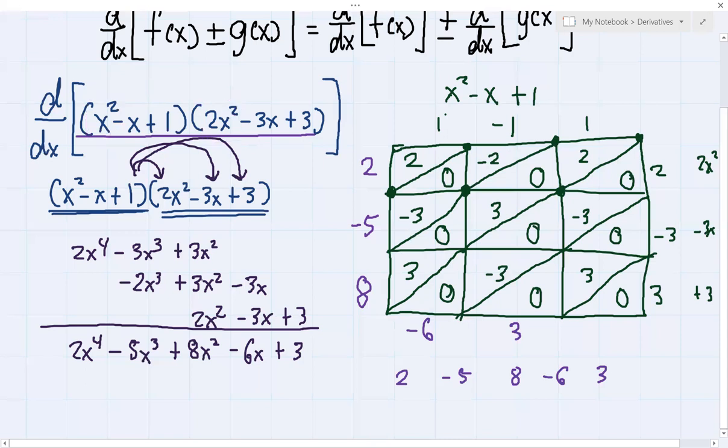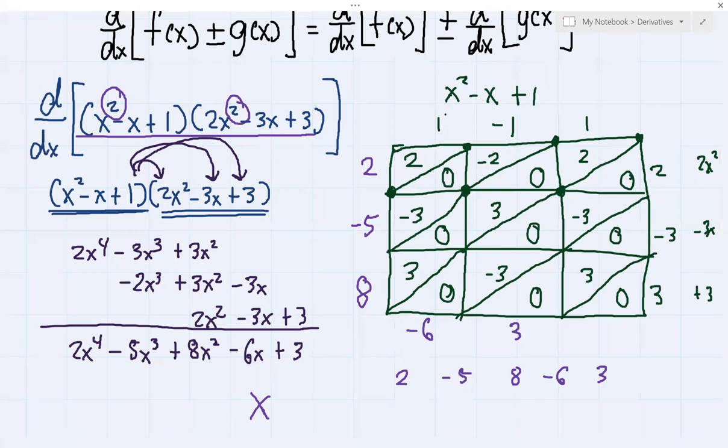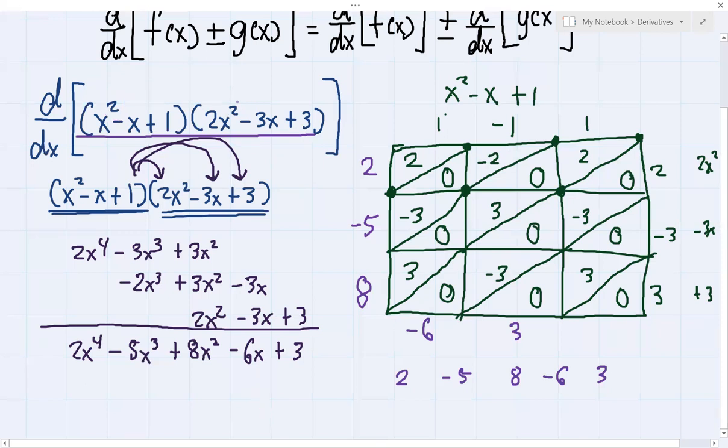Ang gagawin natin is simple. X raised to yung highest exponent ng kaliwa, tapos exponent ng kabilang side na malaki, i-add mo silang dalawa. Okay? Ulitin ko. So what to do?